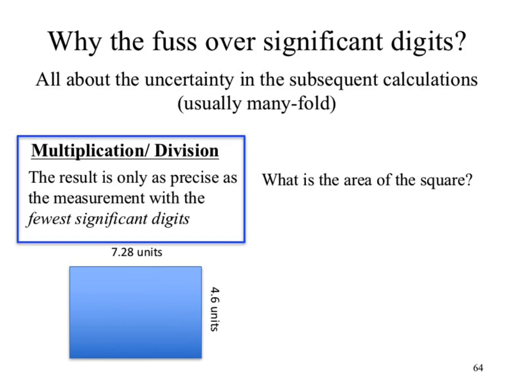Okay, and so, well, again, what's our difference? We have 2 sig figs versus 3. When I go through to do the multiplication for the area of the square, 7.28 units times 4.6 units, our calculator spits out this value. How much of that value do I actually know?